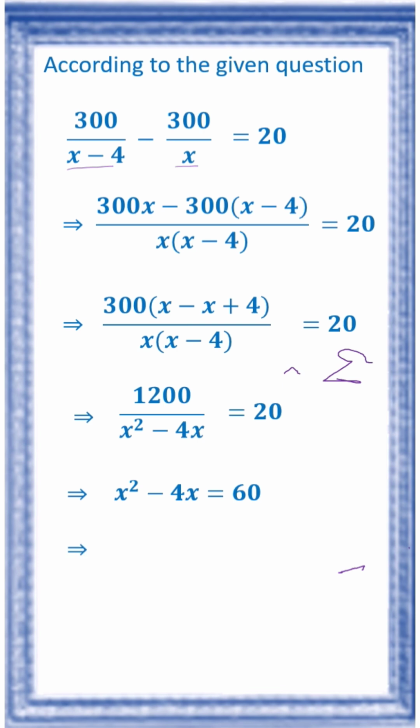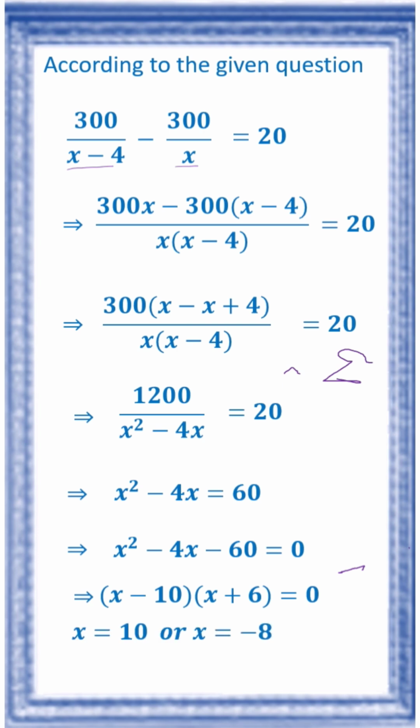It implies that x square minus 4x minus 60 is equal to 0. Let us write it in the standard form. Let us split the middle term. x minus 10 into x plus 6 is equal to 0. So x is equal to 10 or x is equal to negative of 6.